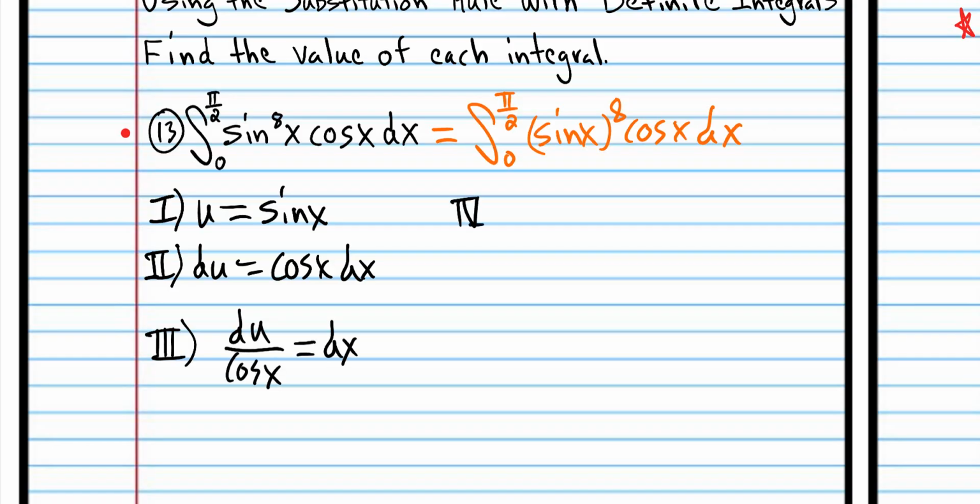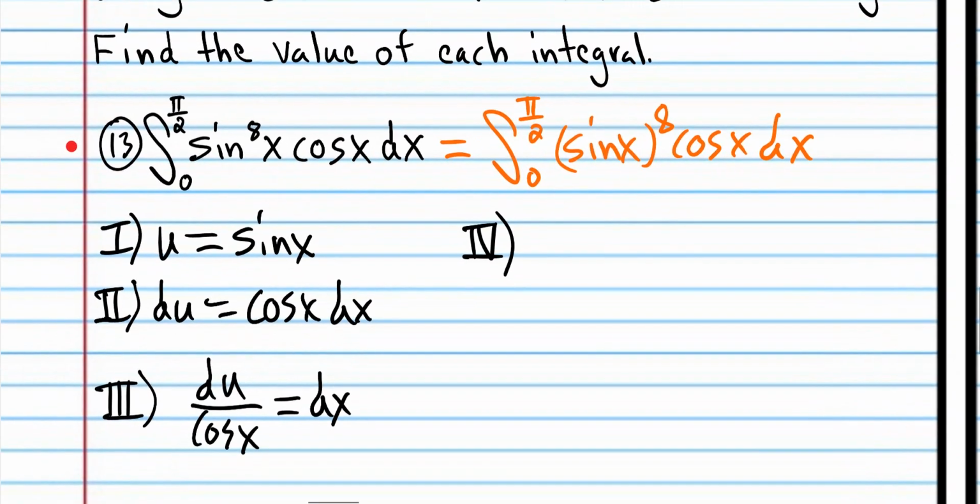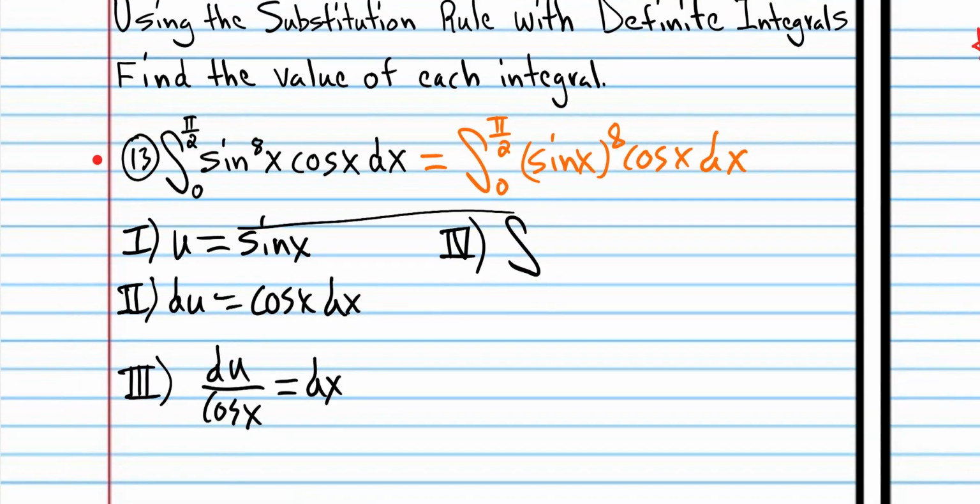And in step 4, we're going to replace the integral with a du integral. And I'm not going to write the limits of integration on this integral. All I'm going to do is find the family of antiderivative functions, and then I'm going to use that later on to actually find the value of this integral.